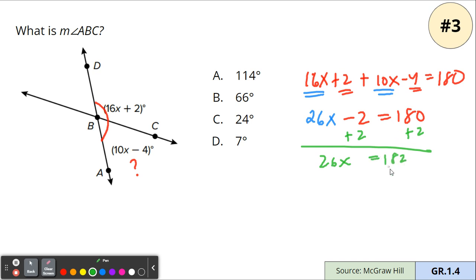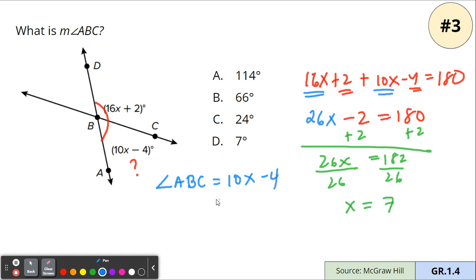Dividing both sides by 26, our x will be equal to 7. But we don't stop here because we are looking for the measure of angle ABC, which is equal to 10x minus 4. So replacing x with 7, you will have 10 times 7 minus 4.